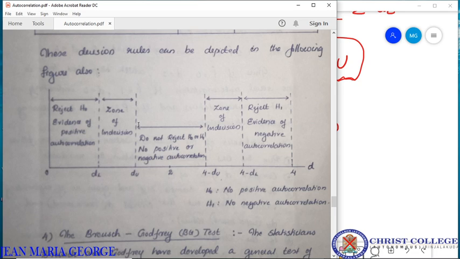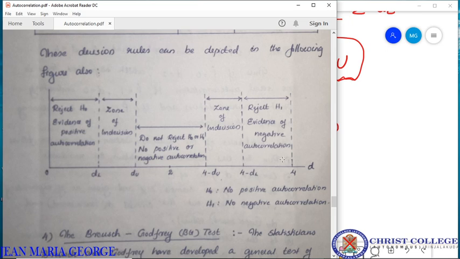Now the middle point is 2. We already know the middle point of this range is 2. Then this is the dL value. This is the dU value. 4 minus dU, 4 minus dL. Since this is 4, this much means 4 minus dU. This is 4 minus dL.